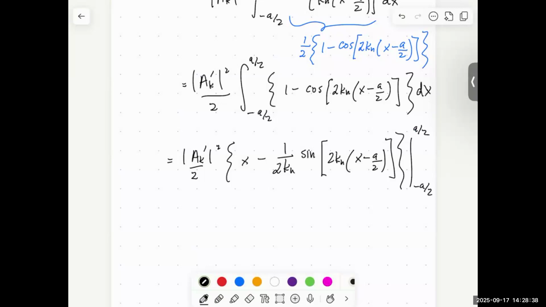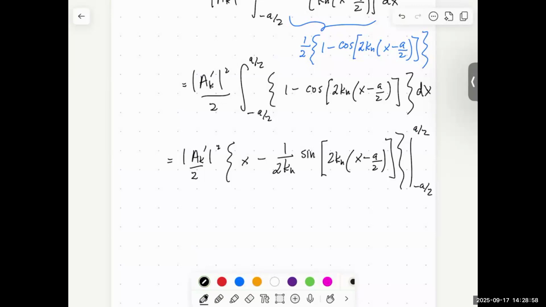Let's just mentally think about these limits. When I put in a/2, I'm going to get sine of 0, and that's 0. When I put in minus a/2, I'm going to get sine of 2k_n times minus a.